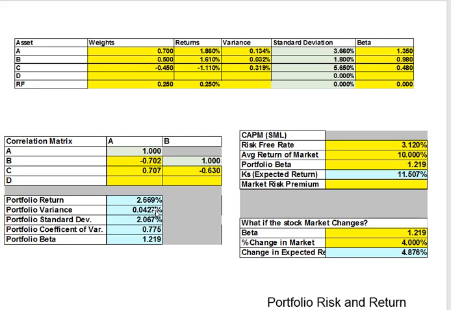What would we want to earn? Well, based on a beta of 1.219 for this portfolio, we would have expected to earn 11.5%. And of course, you can see here that we did not earn that. We actually earned much less than that rate of return.